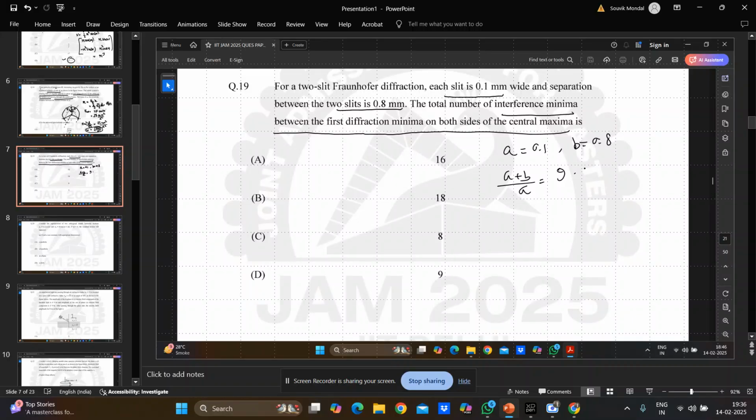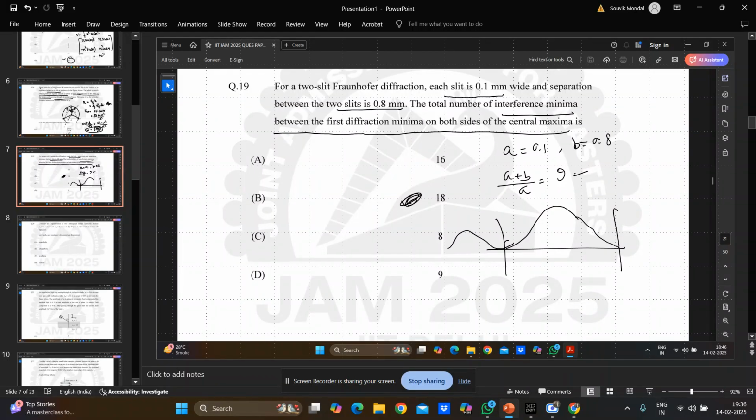But what does this number (a plus b) by a give you? You may incorrectly tick 9 into 2, but correctly interpret what (a plus b) by a equal to 9 is actually giving you. So suppose this is the first diffraction minima, not like a Gaussian, it is sine waves, but okay.